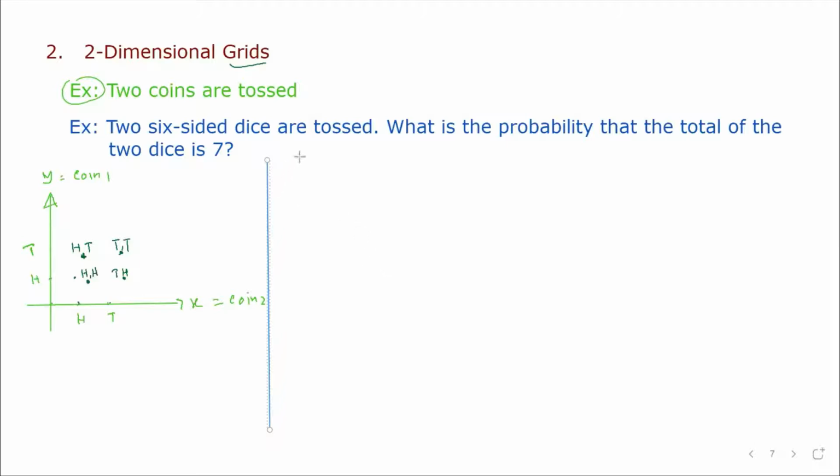You can draw and represent it by a table. So this is the first die, and this one is the second die.